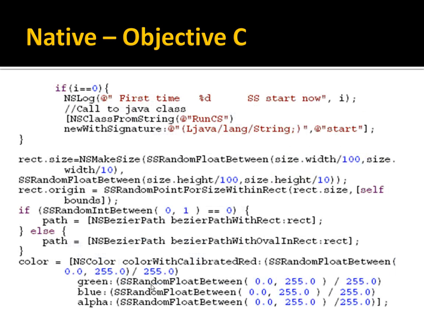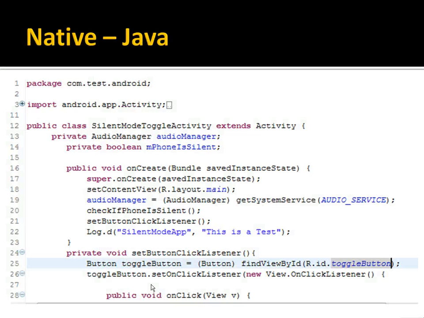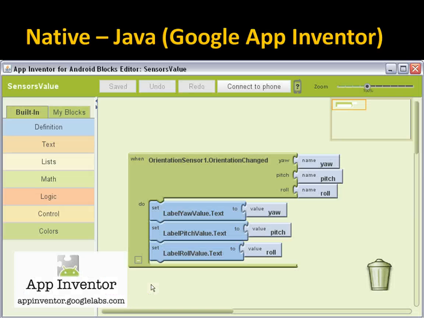So this is some Objective-C code. Me personally, I'm not so interested. Another one, this is the Eclipse editor for Android. You can do other Java applications, but once again, it's based upon Java, which is a pretty intense language and takes a lot of learning to get to the level to develop things like this.